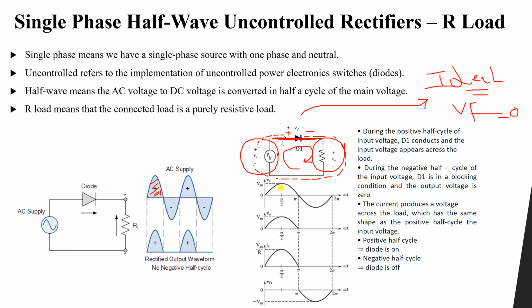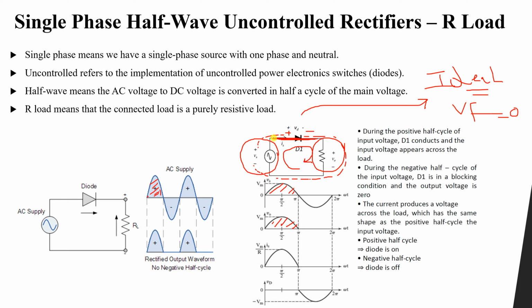As you can see, during the positive cycle, V output is equal to V supply, from 0 to pi. Starting from pi, or 180, the sine wave is reversed. So I think now you understand this part.